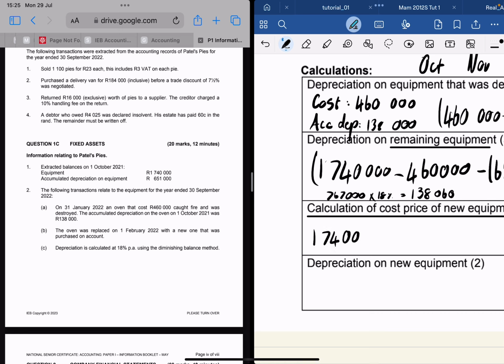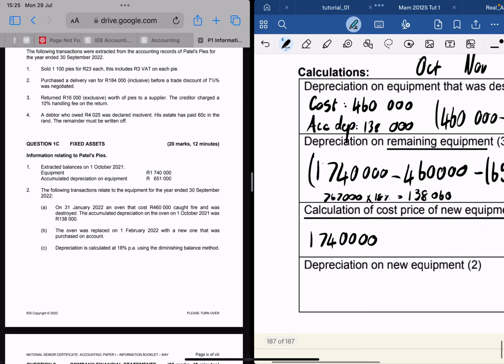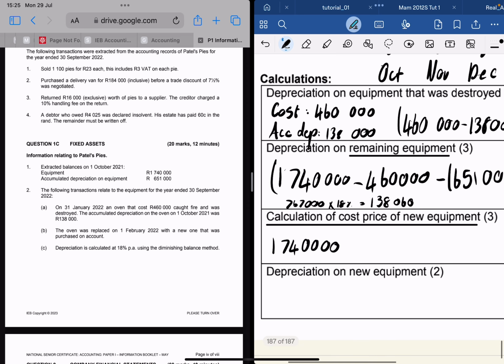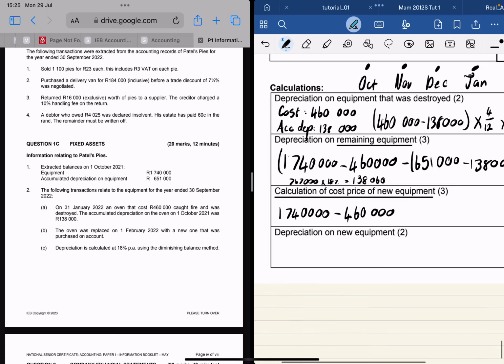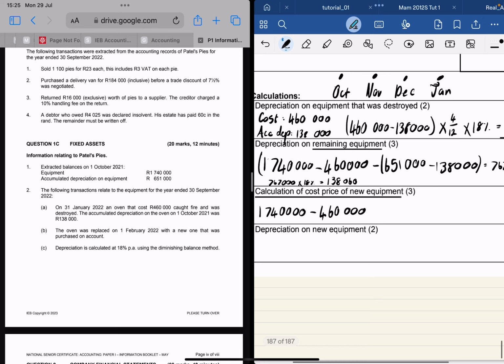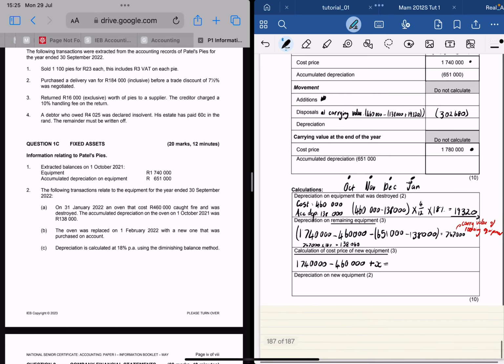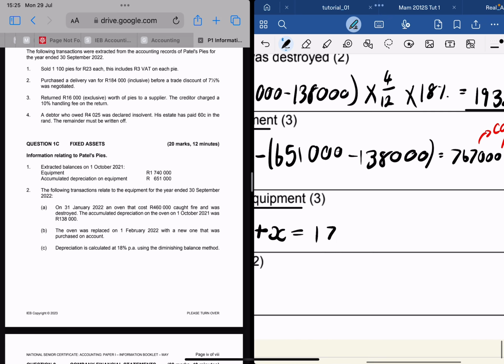Then during the year, we sold a piece of equipment with a cost price of 460,000. And then during the year, we bought a piece of equipment, but we don't know that value. So we're going to just say plus X. But we know at the end of the year, it's 1.78 million rand.